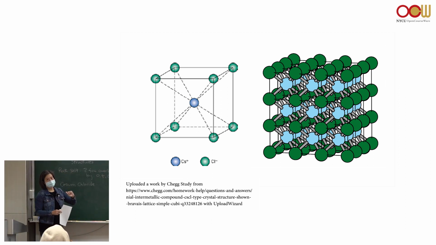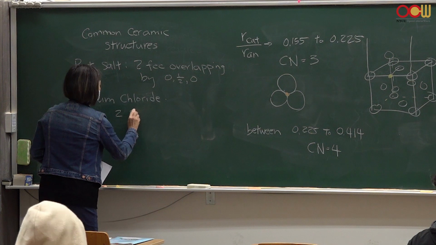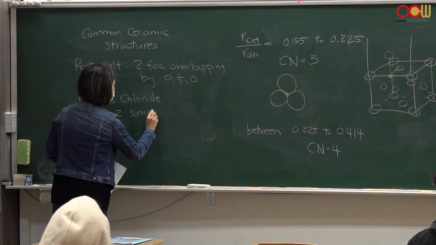It's not body-centered cubic because the atom in the middle is not the same element as the atoms on the corners, right? So whenever we look at a structure, we only look at the structure for a single element. So this is simple cubic. You only have atoms on the corners. You don't have that same atom in the center. So this is 2 simple cubic that overlap.